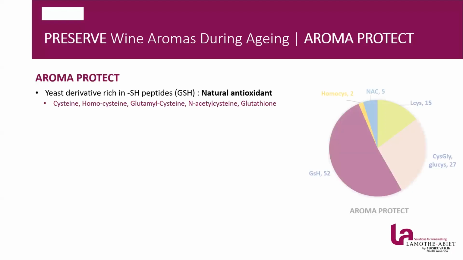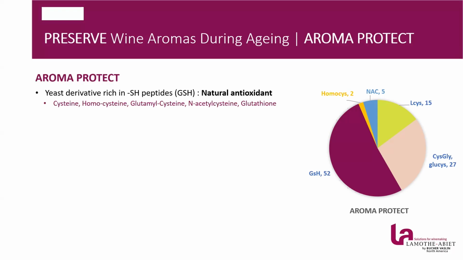So using glutathione. Glutathione is a very intense and very efficient antioxidant. It's a natural antioxidant we can find in the wine, but usually during the fermentation, you're losing a lot of glutathione.